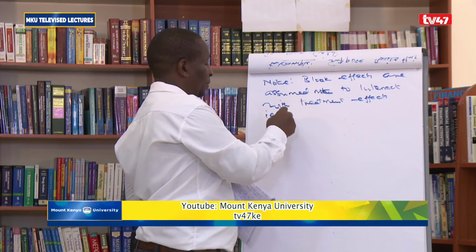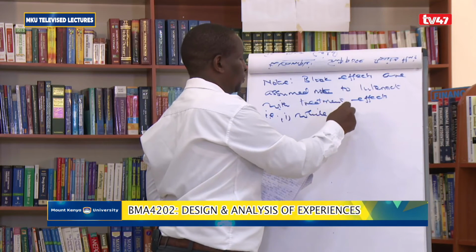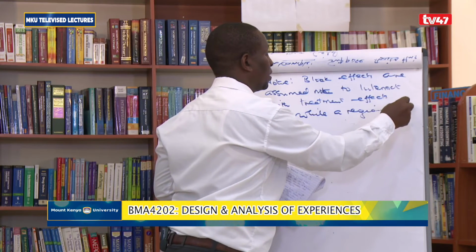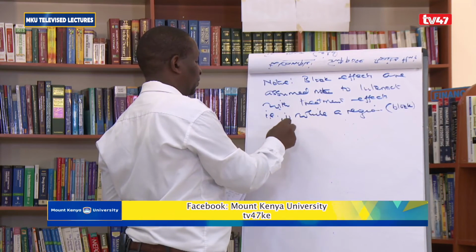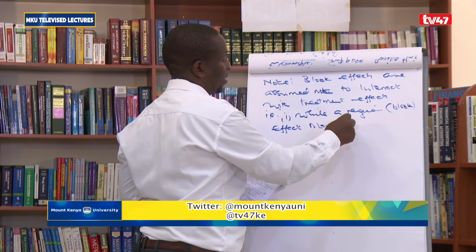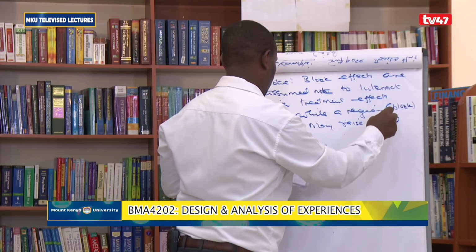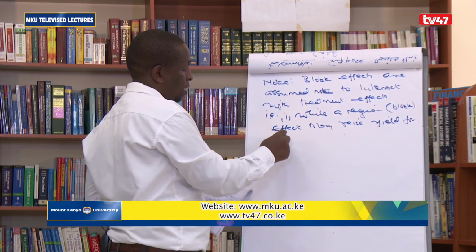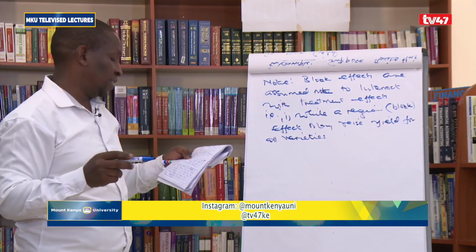That is one, while a region, which we refer to as a block, effect may raise yield for all varieties.